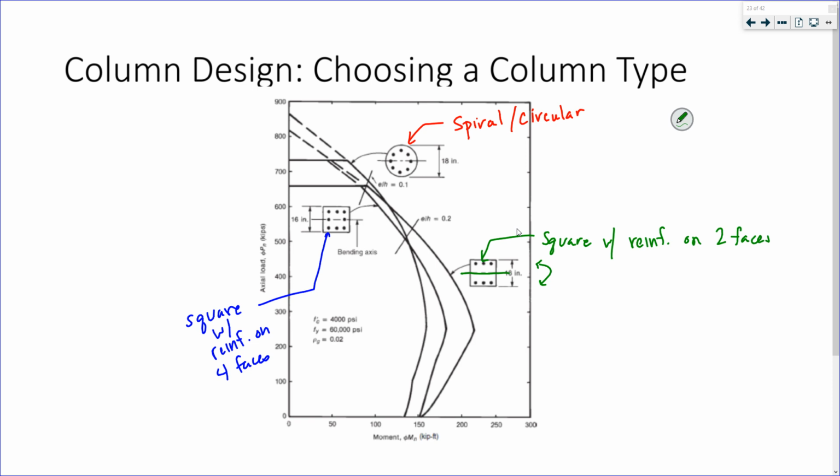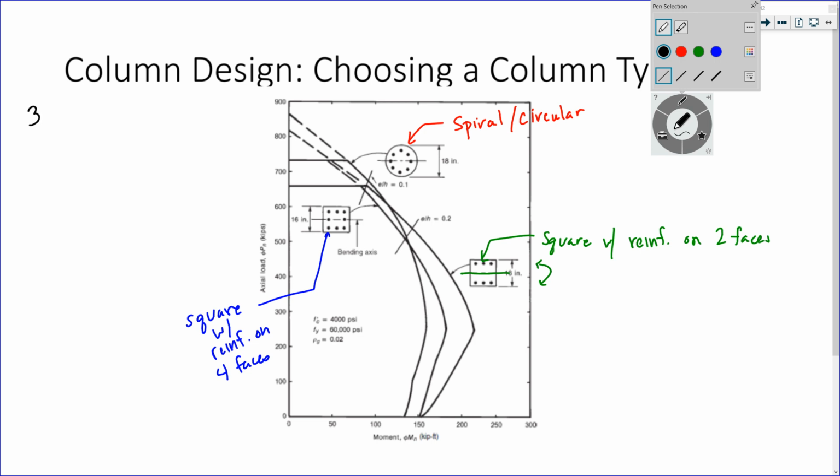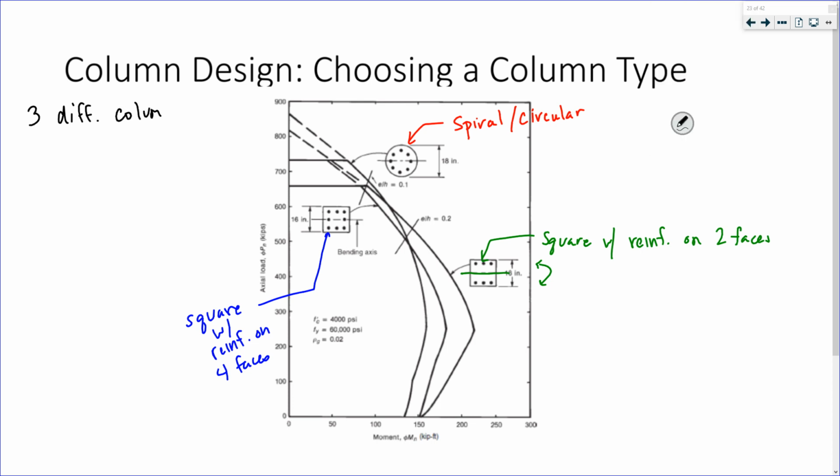So in this diagram, we are looking at columns that have three different column types, but they have the same area of steel and the same gross cross-sectional area, A g.